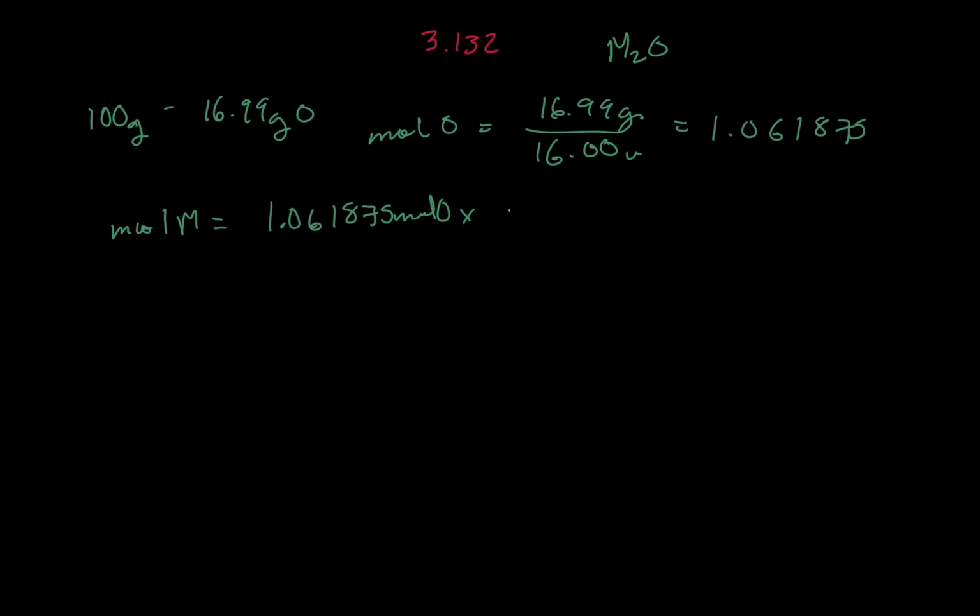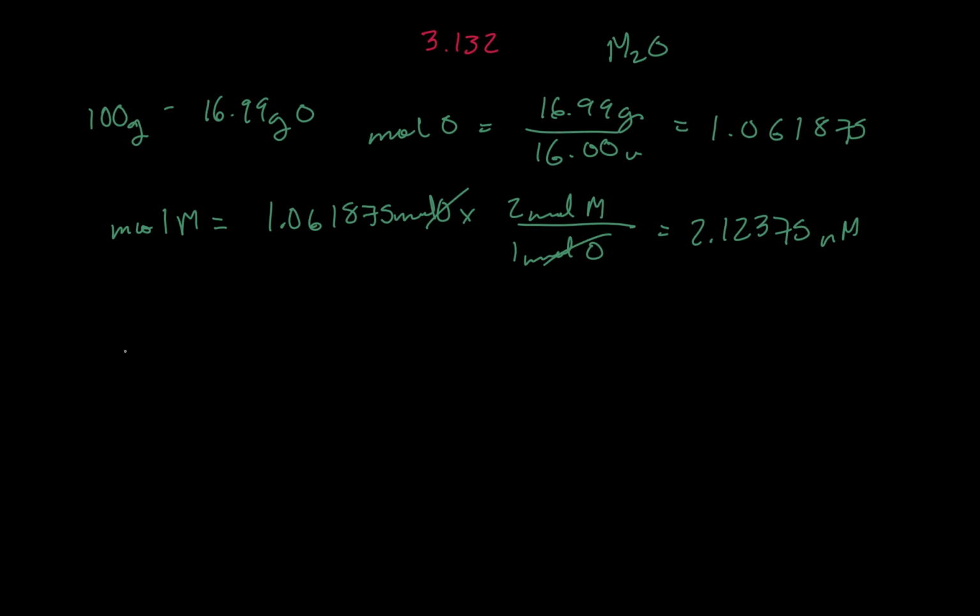I think it's moles of oxygen like that, and then you write your conversion factor as a division here. So you're going to cancel your moles of oxygen here, and you're going to end up multiplying your value by 2. That gives us 2.12375 moles of metal M.